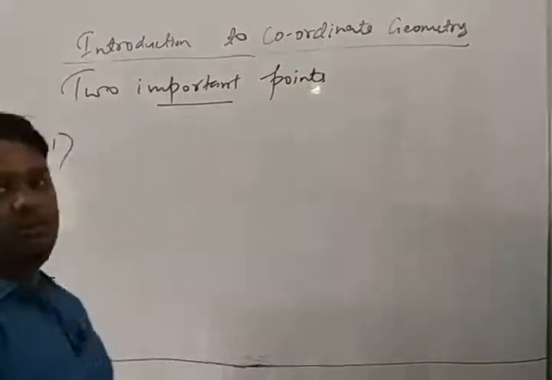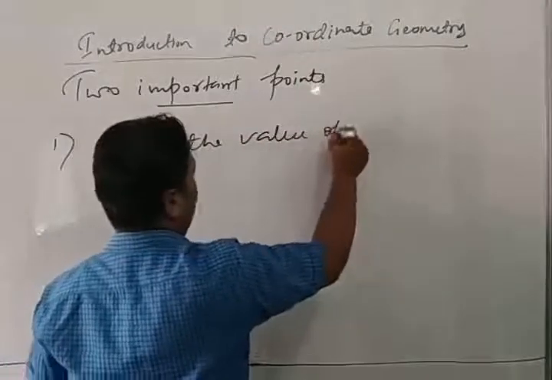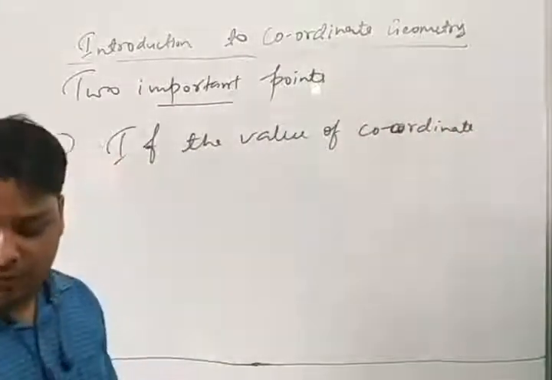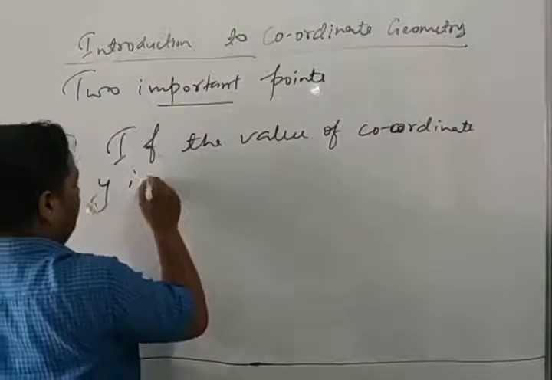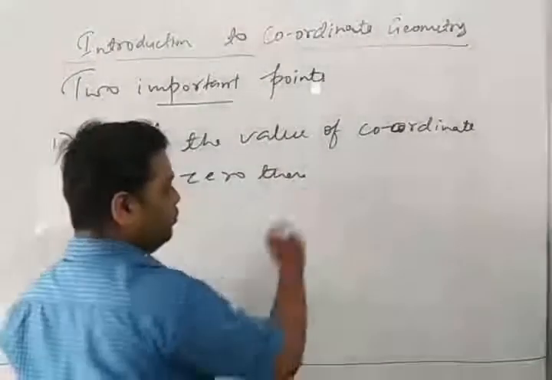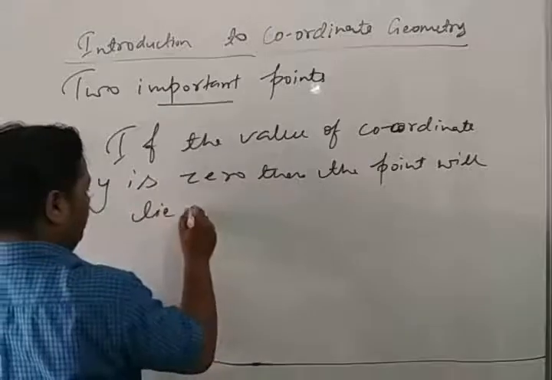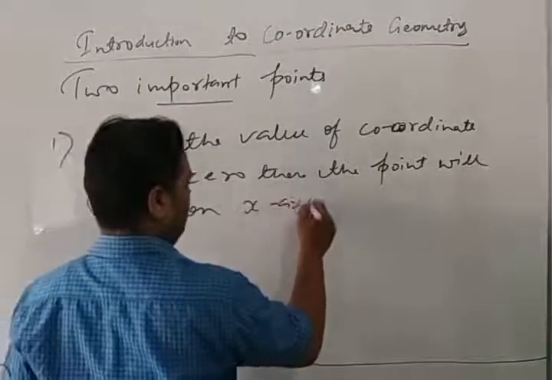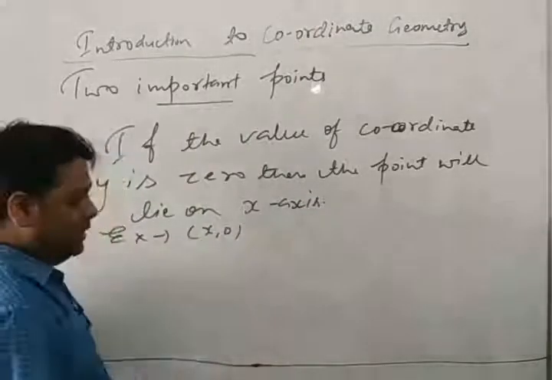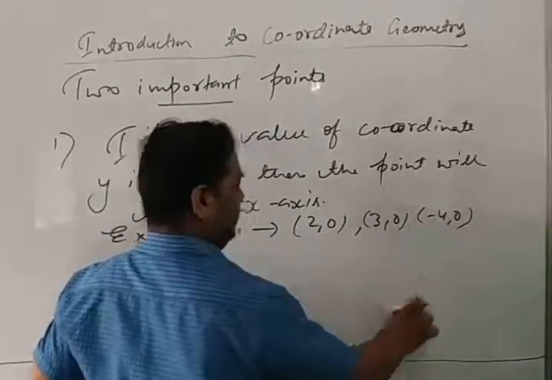The first point: if the value of coordinate y is 0, then the point will lie on the x-axis, as (x, 0). For example, (20, 0), (30, 0), (-40, 0).